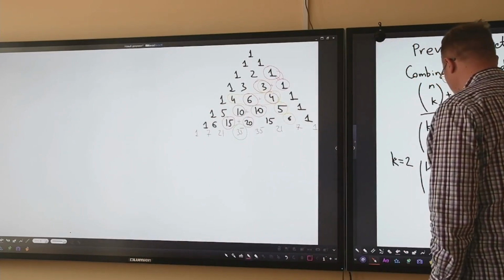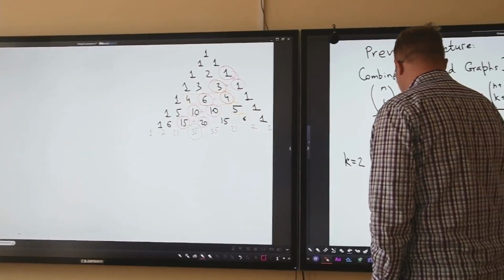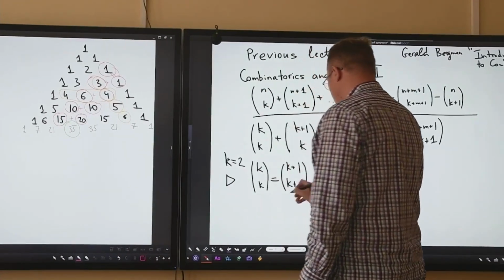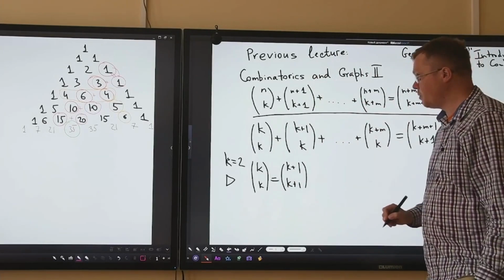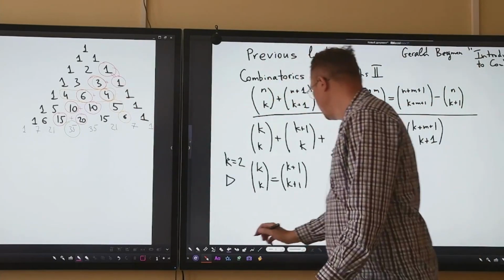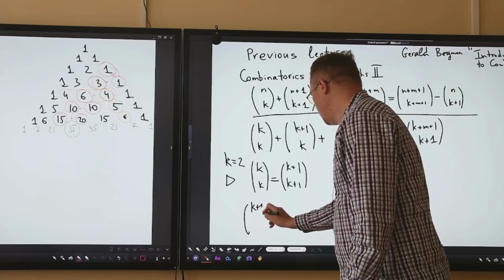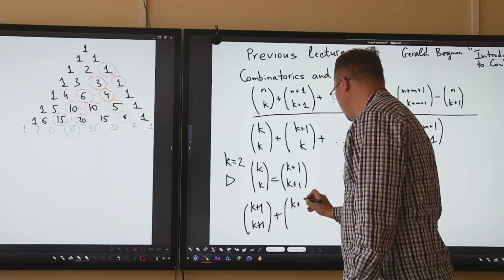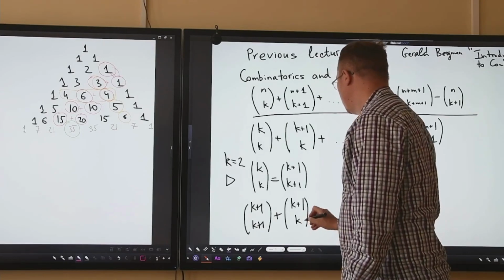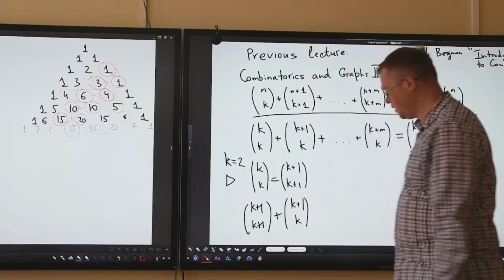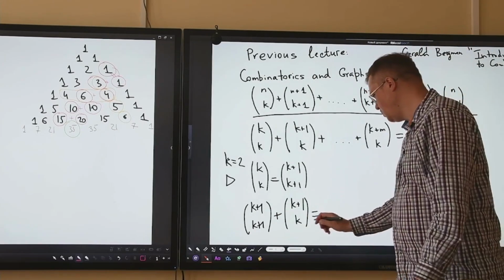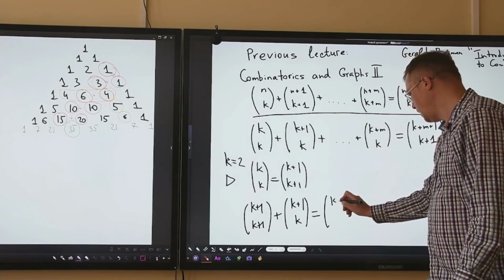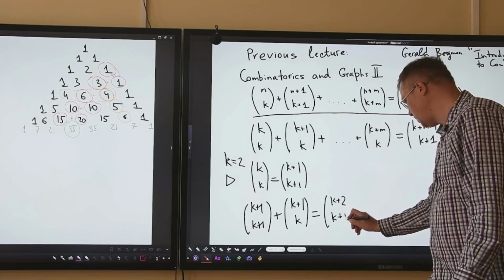So if I want to write the proof, I first mention that k choose k is the same as k plus 1 choose k plus 1, as I'm doing here. And then I use the same identity that we were using before: k plus 1 choose k plus 1 plus k plus 1 choose k is k plus 2 choose k plus 1.